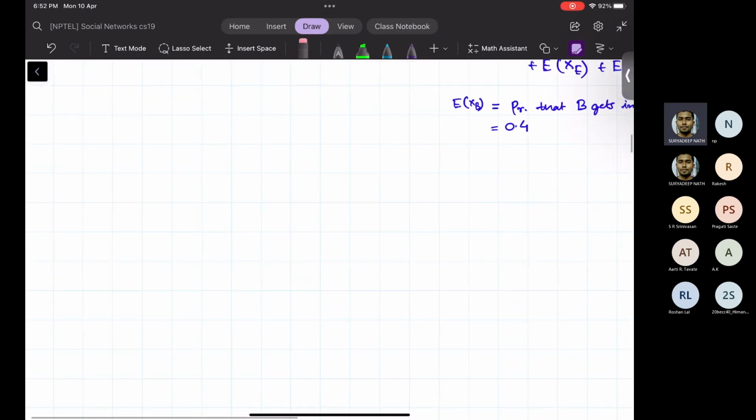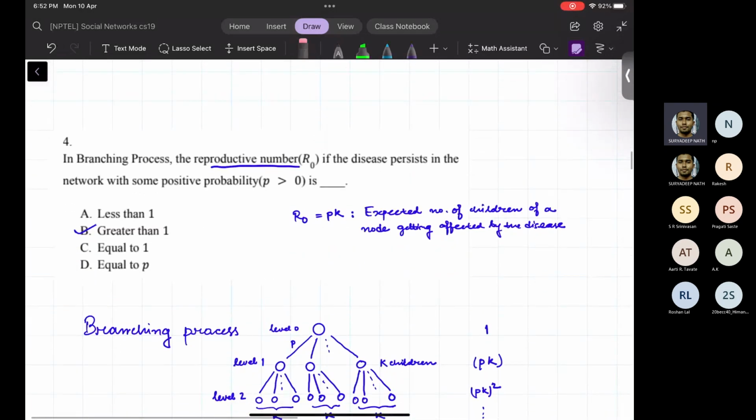Coming to question number 4, in the branching process, the reproductive number R naught, if the disease persists in the network with some positive probability, is basically p into k, that is the expected number of children of a node getting affected by the disease.